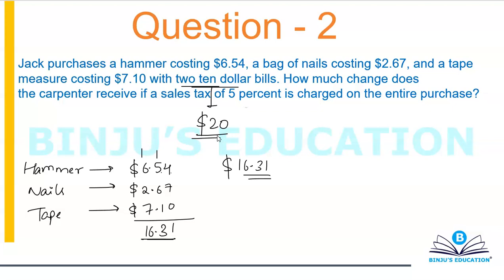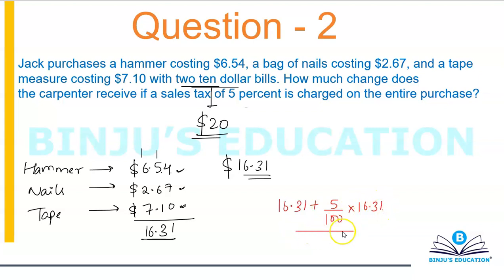Now, whether you calculate 5% individually on all the three, or whether you calculate 5% directly on 16.31, it's going to be one and the same thing. So calculate directly on 16.31. If you're paying 5% on 16.31, then your total amount will become 16.31 plus 5 by 100 of 16.31. This is something we have done in percentages.